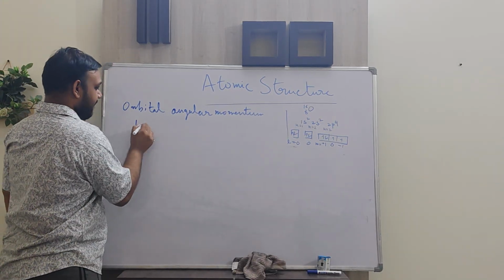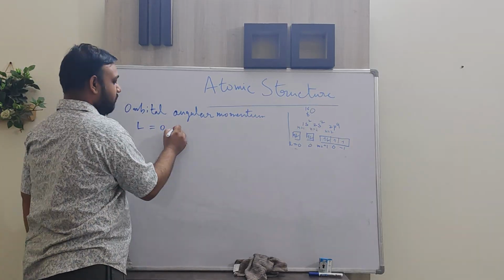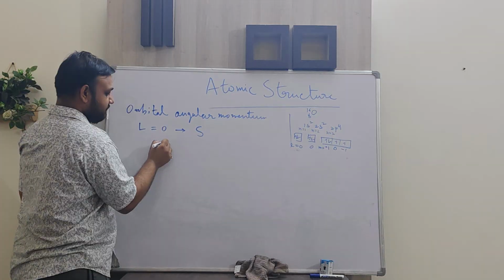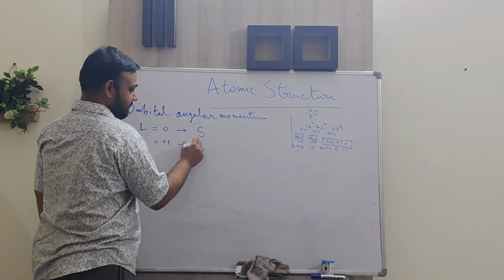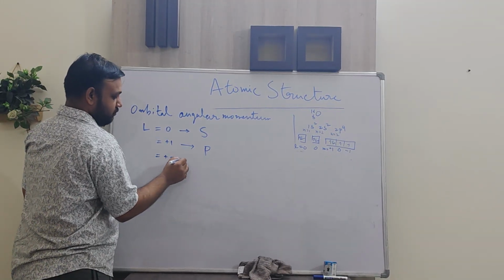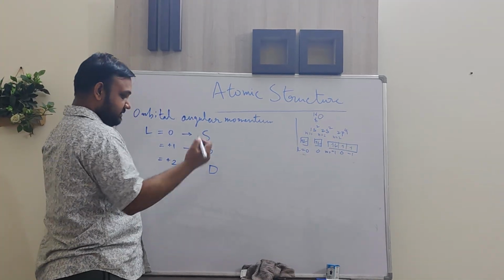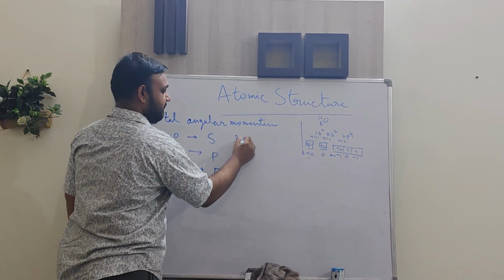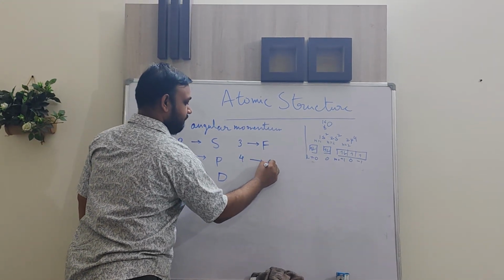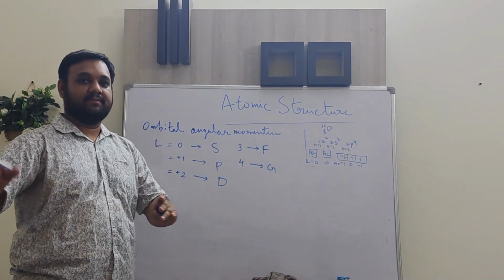Like L, if we got 0, then we can denote this as capital S. If we get it as +1, it is capital P. When we are getting +2, it is capital D. Similarly for 3, 4, and so on: S, P, D, F, G, H, something like that.